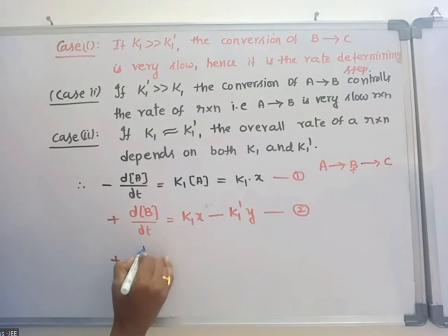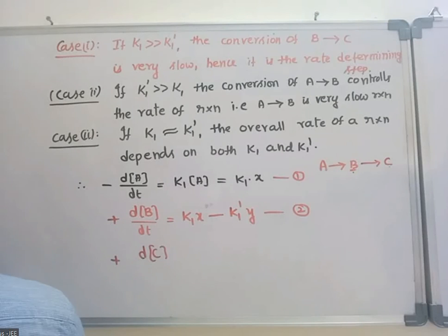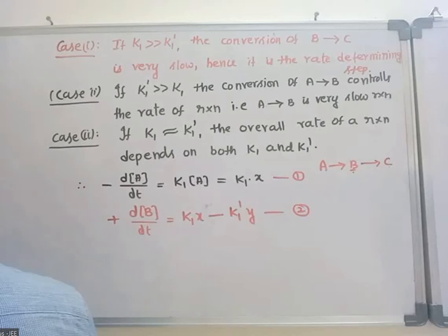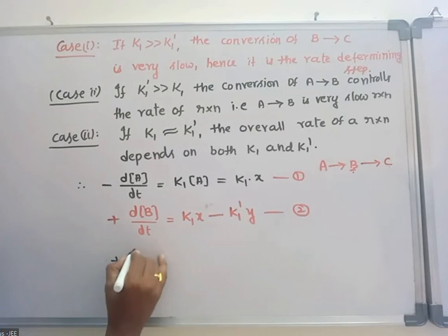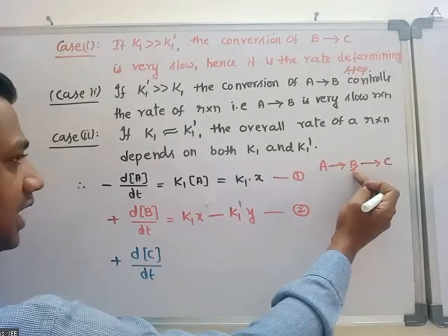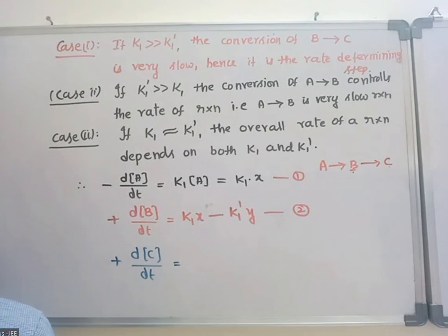Then the rate of formation of C, plus d of C by dt, depends upon the concentration of B only.